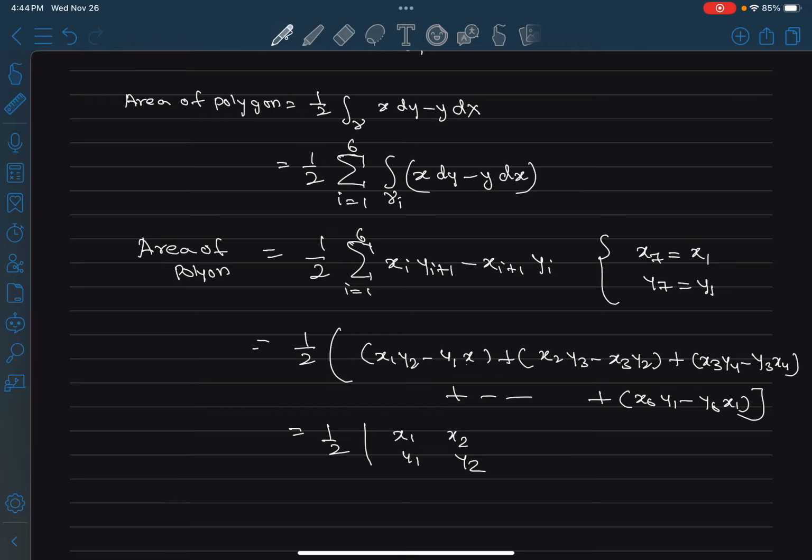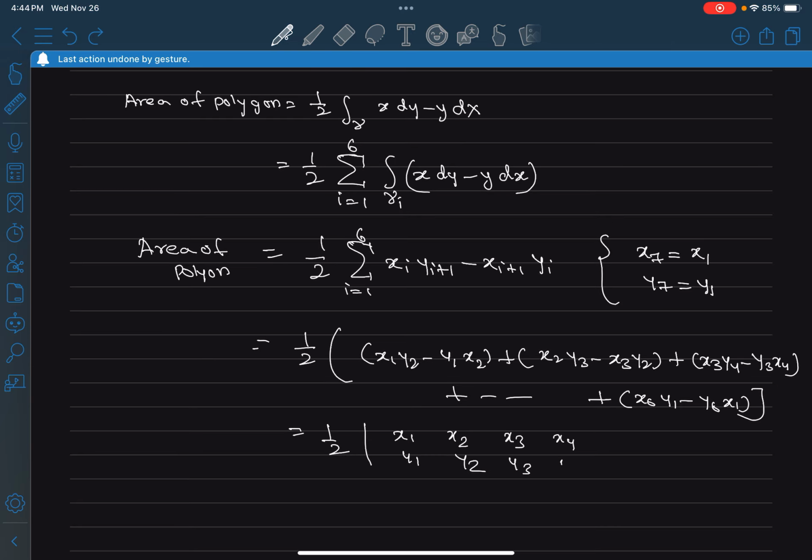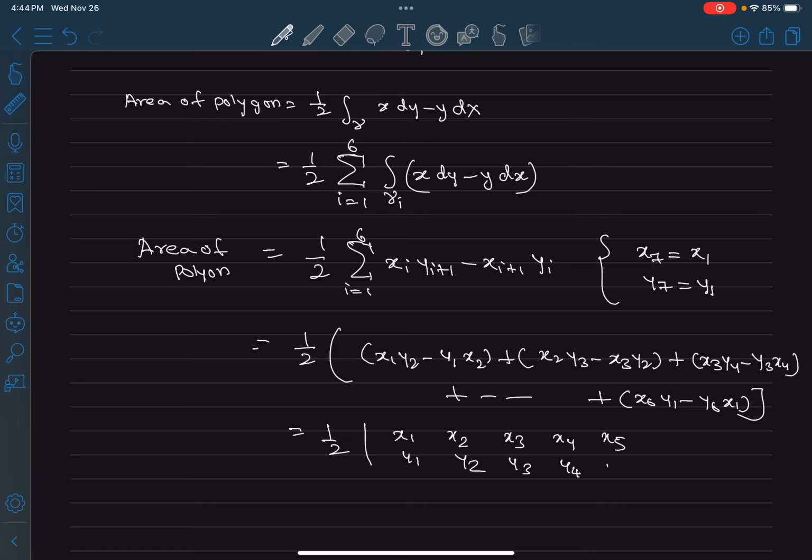Yes, and then x2 y3 minus x3 y2. It's the same thing. So finally we have verified the formula that we used in the beginning. So the area of the polygon is proved.